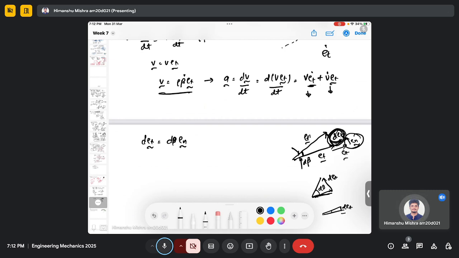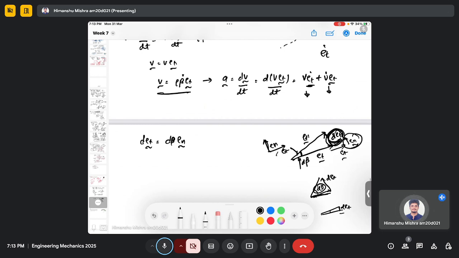So the magnitude is defined by this angle, which is d beta, and it has the direction en. En is the normal direction and et is the tangential direction, and you can see this d et is in the normal direction. So if I take the time derivative of this, I will get et dot equals beta dot en. So I can use this relation here.